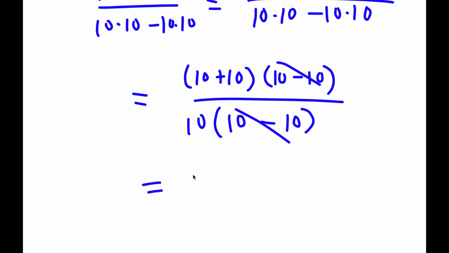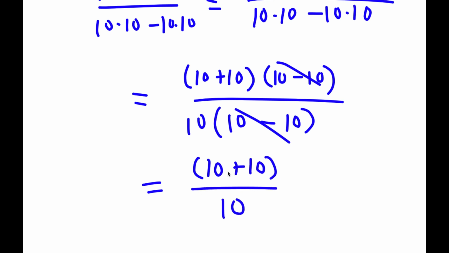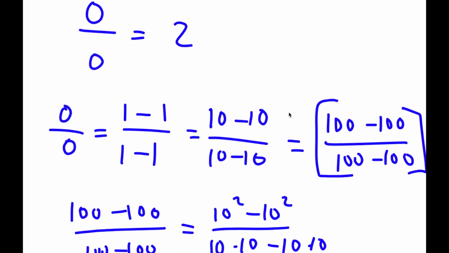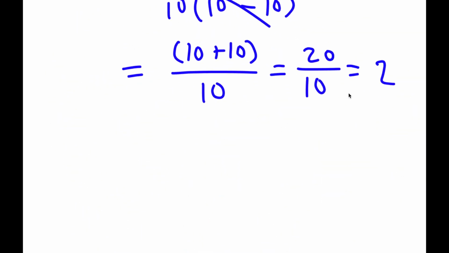So now I'm going to be left with 10 plus 10 over 10. Now 10 plus 10 is the same thing as 20, so I have 20 over 10, and 20 divided by 10 is simply 2. So, as you can see, I just proved that 0 divided by 0 is equal to 2.